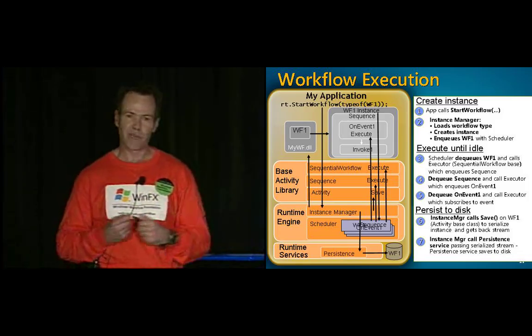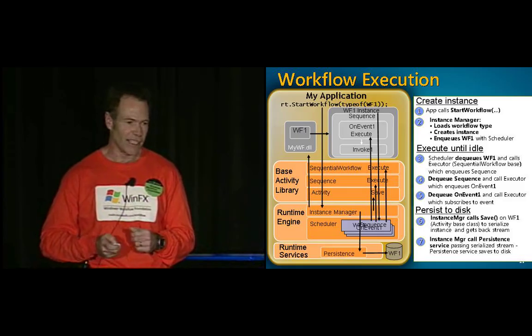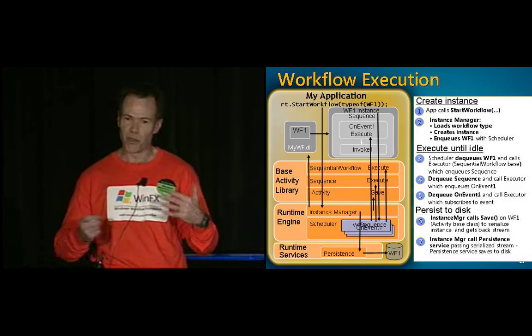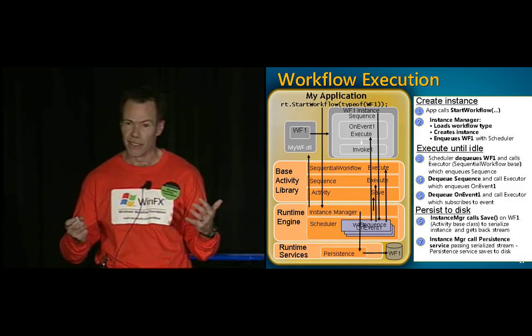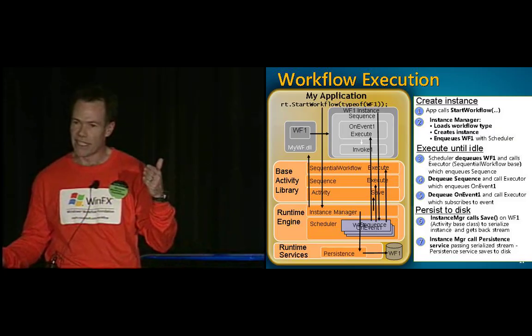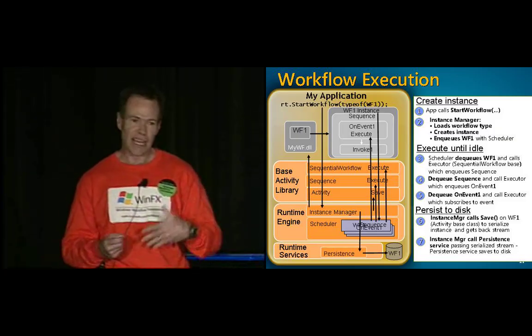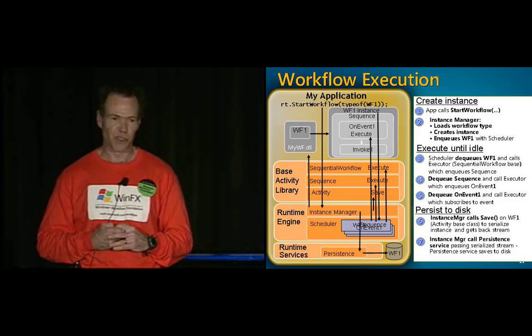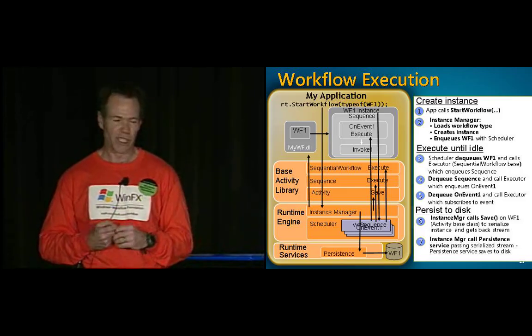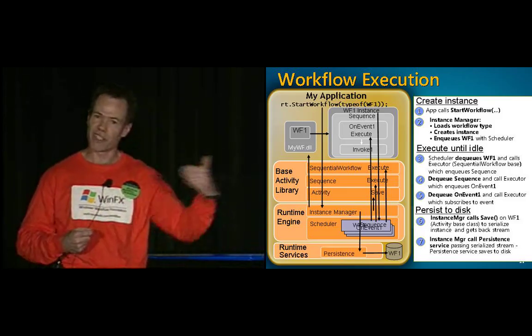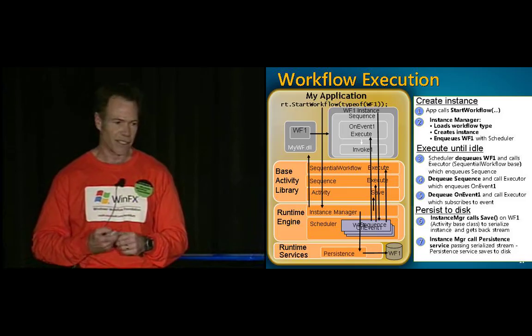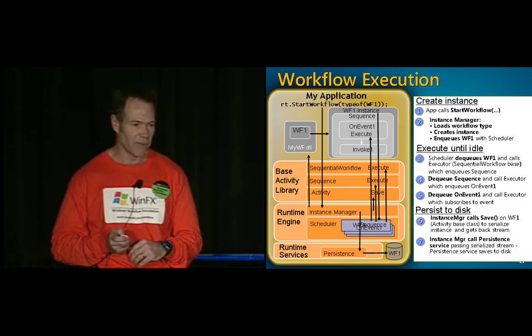So in this case, it's waiting for something external to happen. And once we take that step, the workflow is now idle. So even though the workflow is not complete, it's waiting for something, and that may take a long time to occur. So at this point, the runtime engine can arrange to persist that instance to disk, such that the workflow could run for a very long time.